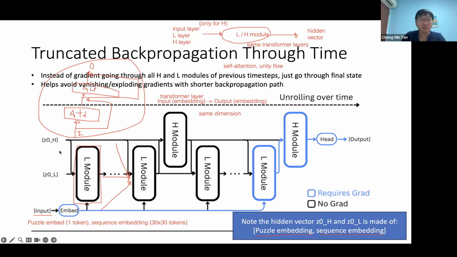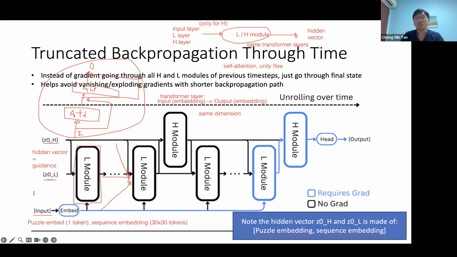If I remember correctly in the code, the high, low, and input are all averaged out when they are processed inside this module. So whenever you process things, you get a good dose of your high-level guidance, a good dose of your low-level guidance, as well as your input guidance for the L module. And for the H module, you have a good dose of high and low-level guidance. So you view this hidden vector as guidance.